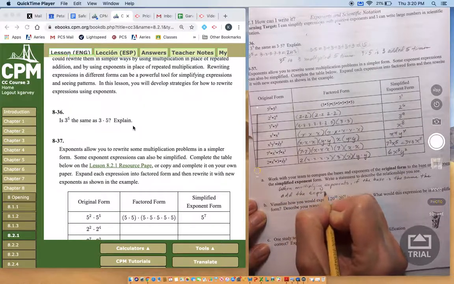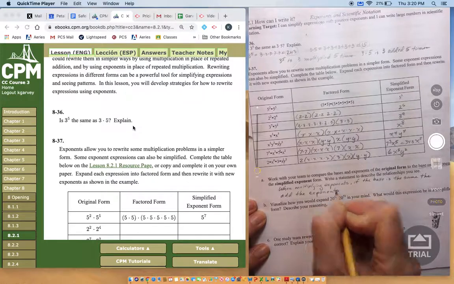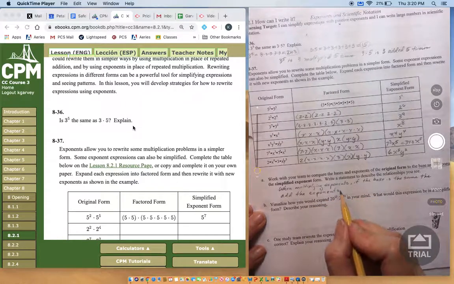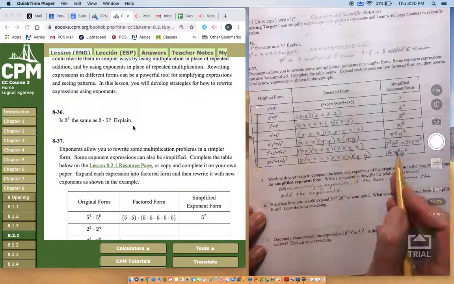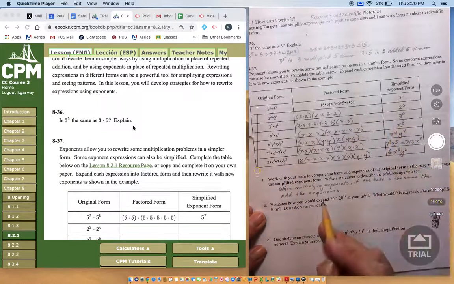So that statement captures the relationship between these two.